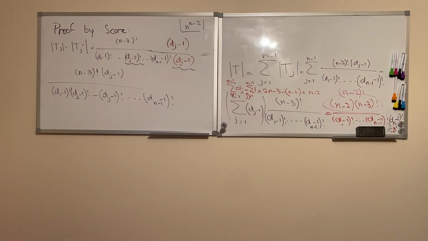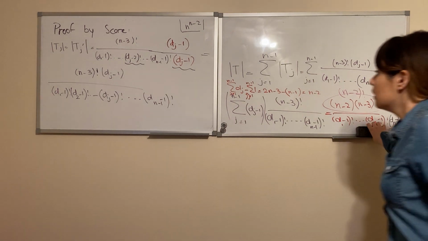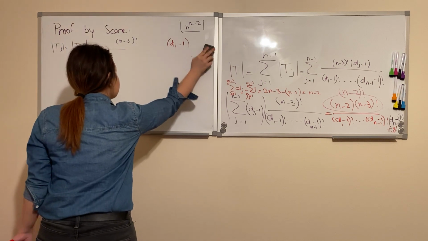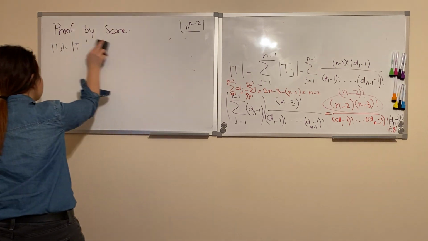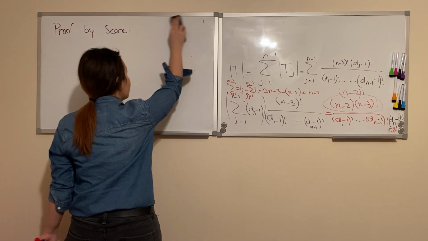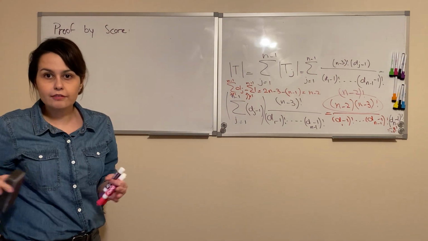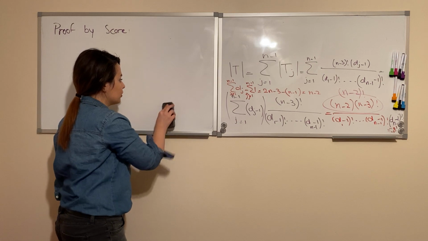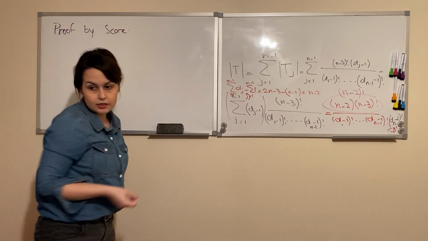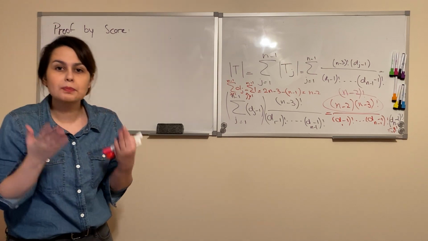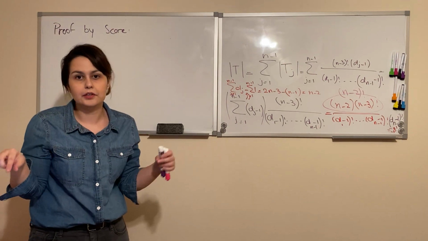And what we see is that we have the proposition here. Okay, we showed that the proposition is correct. But the proposition is saying that for that special degree sequence, d_1 to d_n, the number of spanning trees is equal to this.